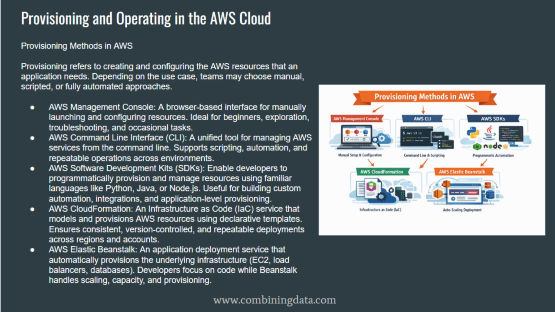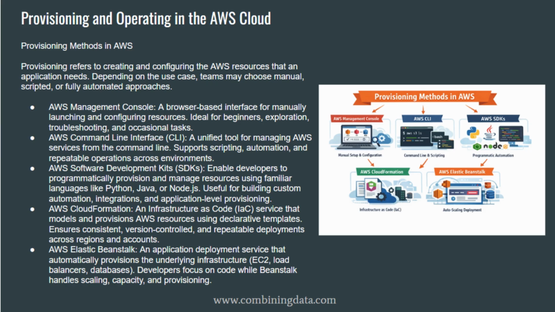Example: you upload a Java or Node.js app, and Elastic Beanstalk deploys it on EC2 with auto-scaling and an application load balancer. Key exam distinction: CloudFormation, you define infrastructure. Elastic Beanstalk, AWS manages infrastructure for you. If the question says developers want to focus on code and not infrastructure, choose Elastic Beanstalk.